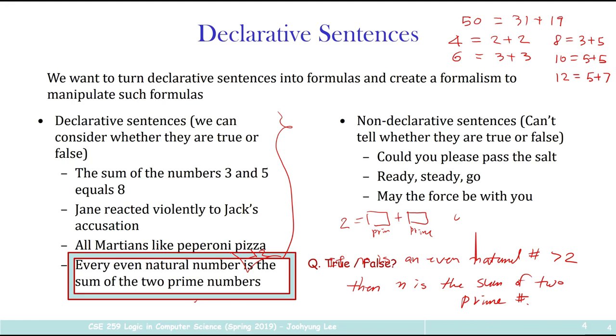We cannot assign meaning to those sentences in logic. If you say, could you please pass the salt, is it true or false? It's very silly to say that. And ready, steady, go, or may the force be with you, these are not sentences that you say are true or false. So for the time being, we will consider only sentences that we can assign true or false.